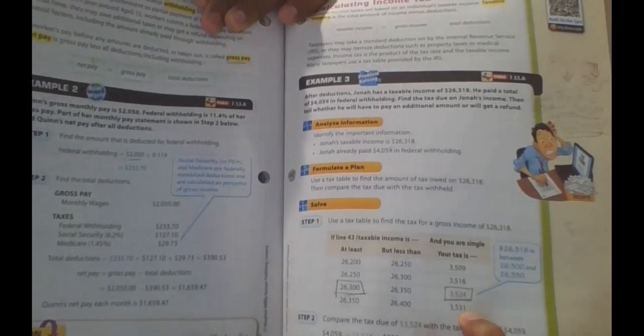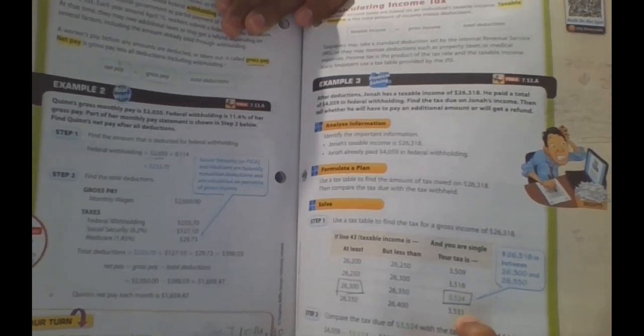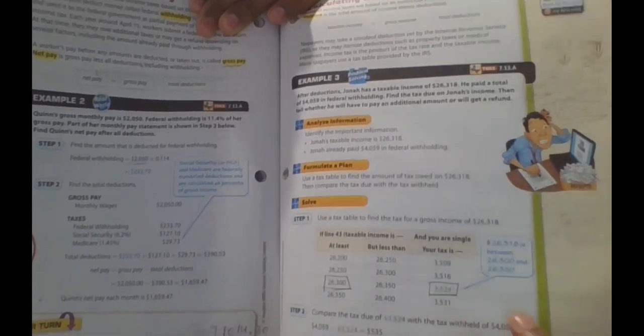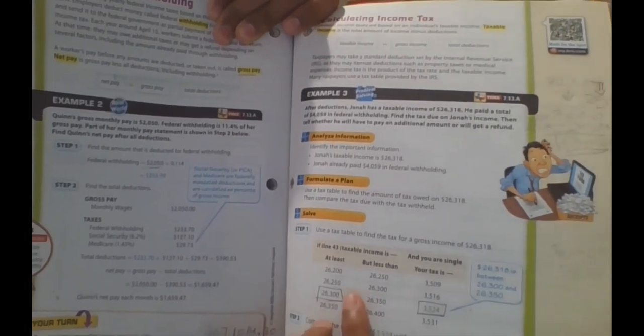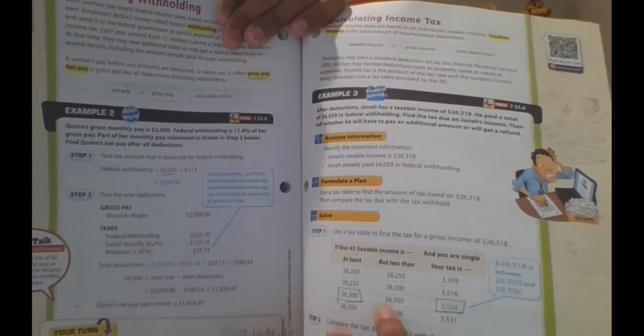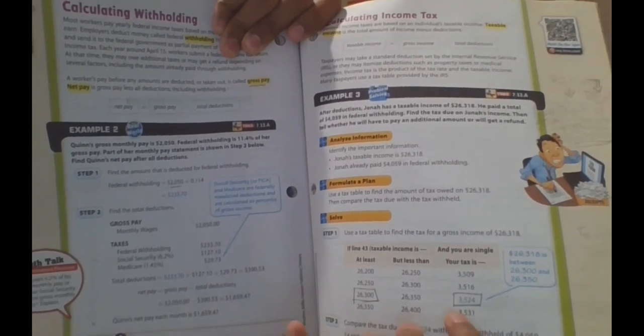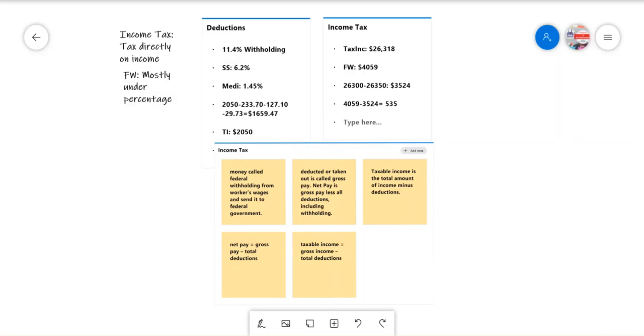And so you can see that on this, his income comes between $26,300 and $26,350, making his tax $3,524. Now, all we have to do is deduct that tax from his federal withholding to get a number that will tell us how much he has to pay or how much he'll get back. In this case, he'll get $535 back.